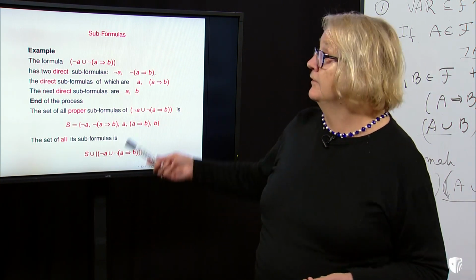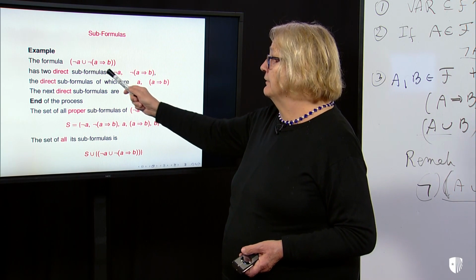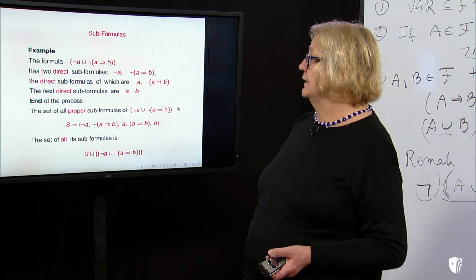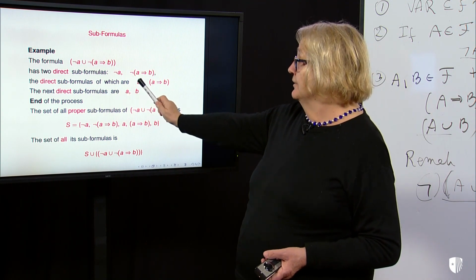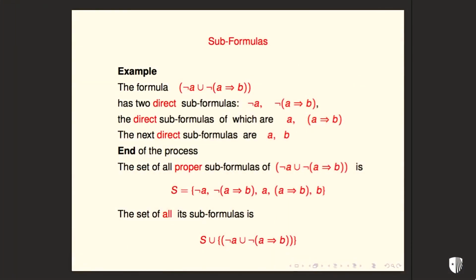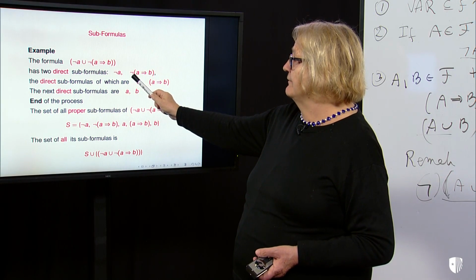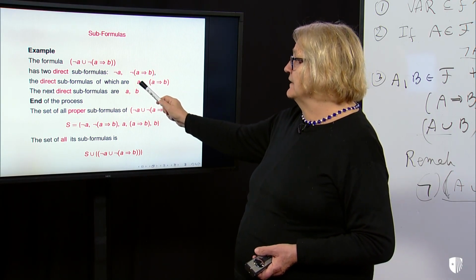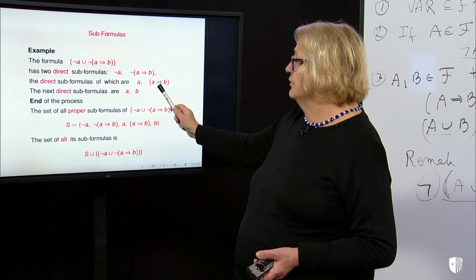And here you have a formula. This is the main connective. You have two direct subformulas, and this. And now you look at this. You have already this formula. The direct subformula of this is A. The direct subformula of this is this. And now that is already a variable, so it's an atomic formula.